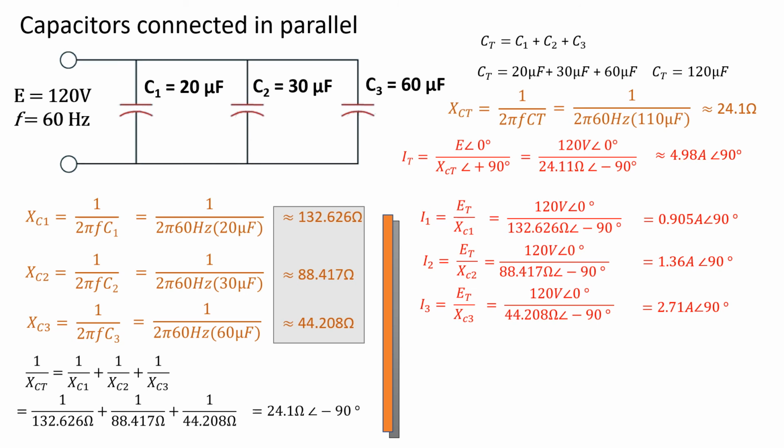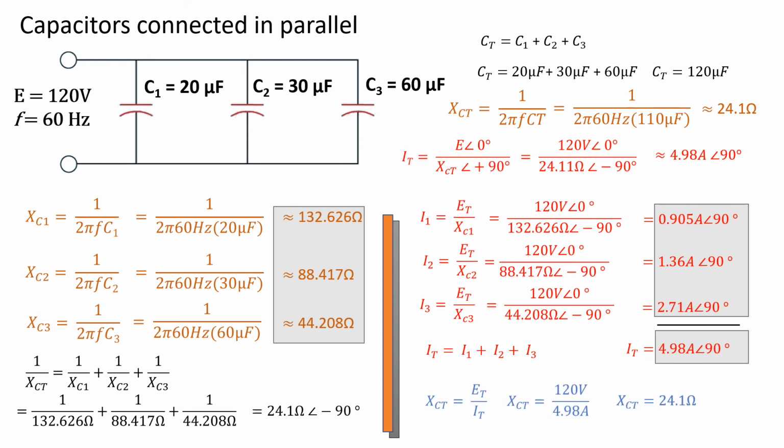So when we calculate each of the individual branch currents and add those up, we get back to our total circuit current. We could use our total circuit current, by adding up the branch currents, to get back again to our total capacitive reactive value.